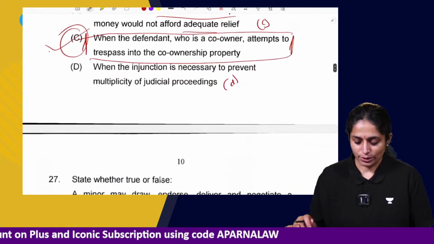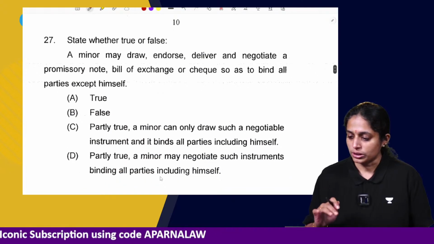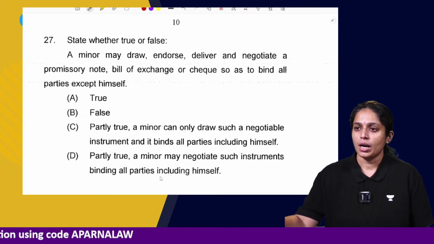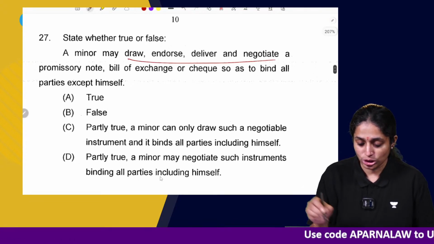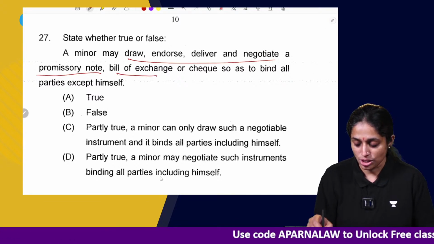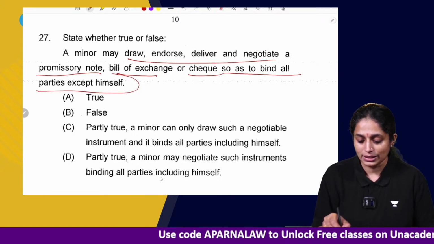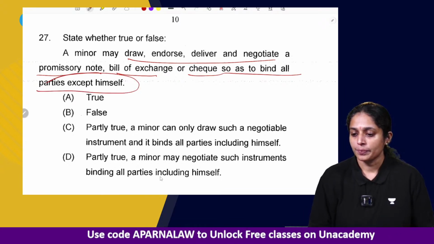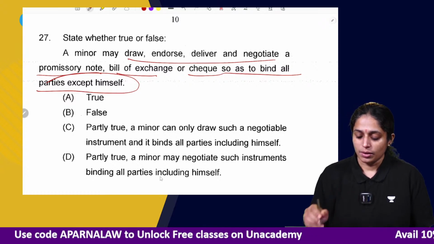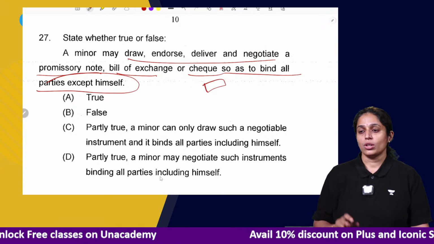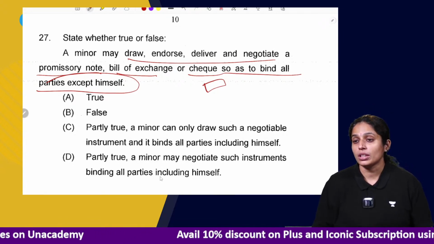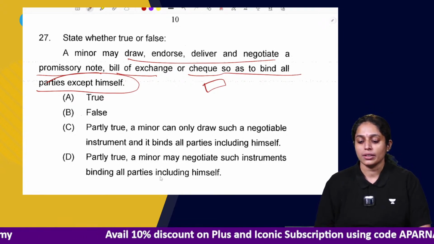Next, 27th question, state whether true or false. A minor may draw, endorse, deliver and negotiate a promissory note, bill of exchange and check so as to bind all parties except himself. Because for a contract, the parties have to be competent, but what about the case of a minor?